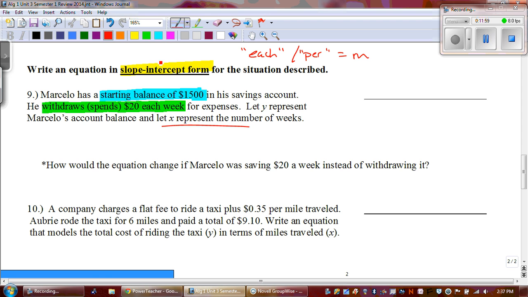So if this is our starting balance, okay, no time has passed because X is your time, the number of weeks. He's starting with 1,500 right there. If he's starting at 0, that's his y-intercept, guys. Okay? And if he spends or withdraws, is he making money or losing money? He's losing money. So it's -200x. Remember, x is the number of weeks. And he's starting with a positive $1,500.